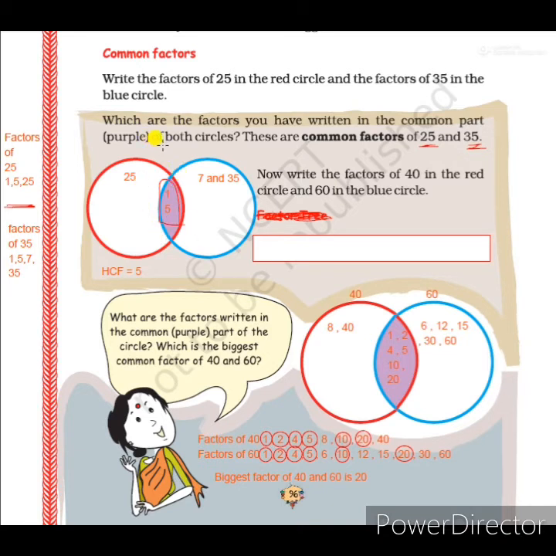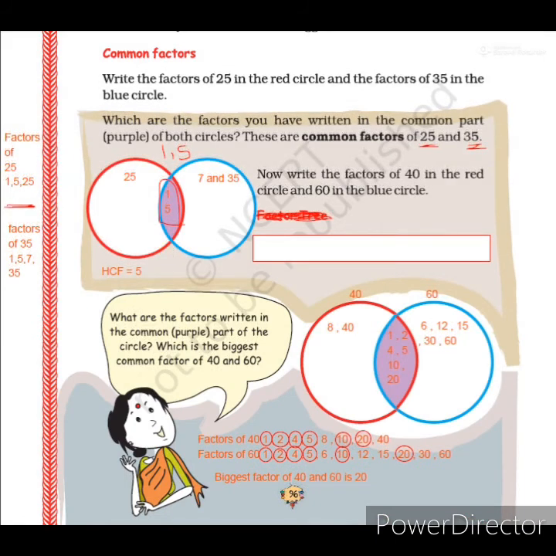These two common factors we got, 1 and 5, we write in the purple part. So what are the common factors of 25 and 35? 1 and 5. These two are common factors of both 25 and 35.